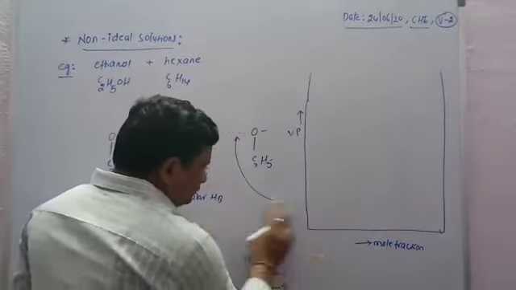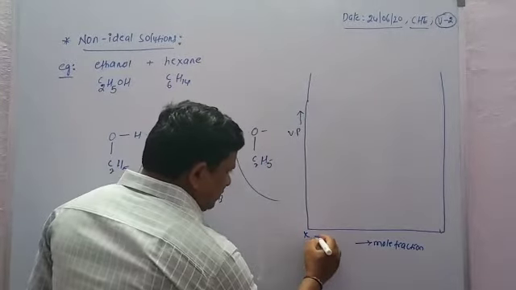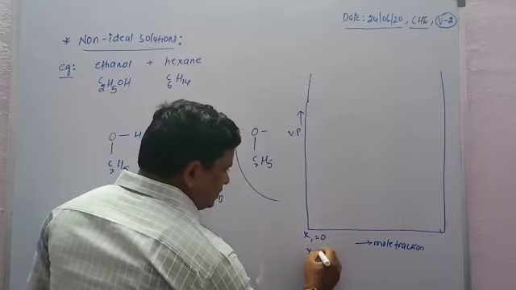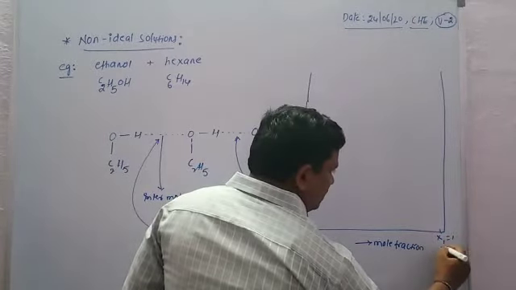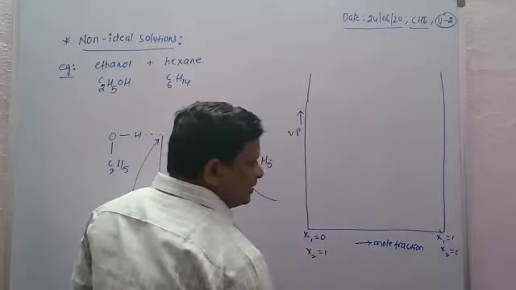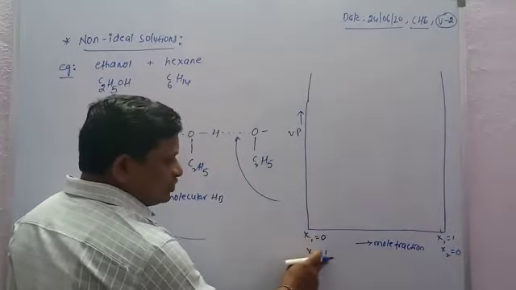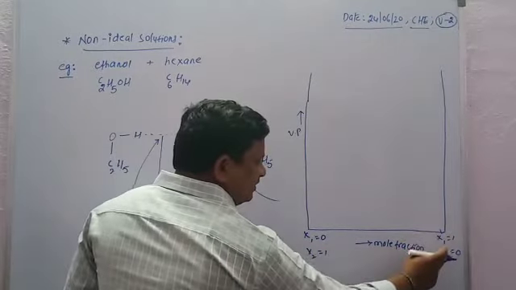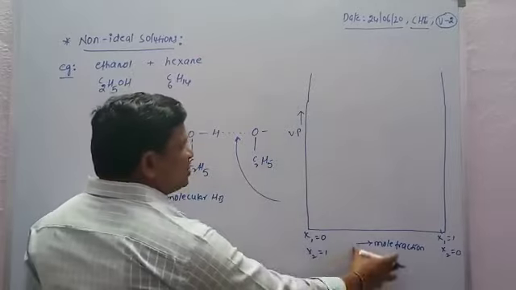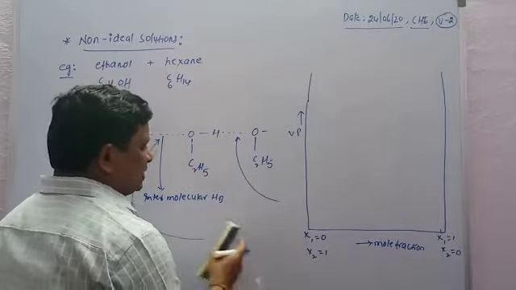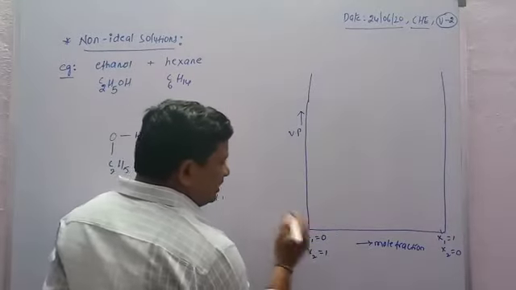Wherein x1 equal to 0, x2 equal to 1. And where x1 equal to 1, x2 equal to 0. So a graph is drawn between mole fraction and vapor pressure.